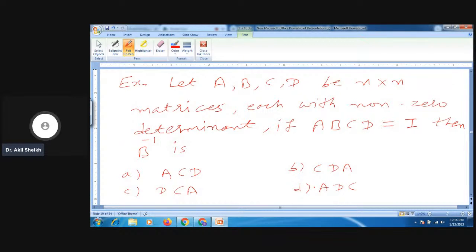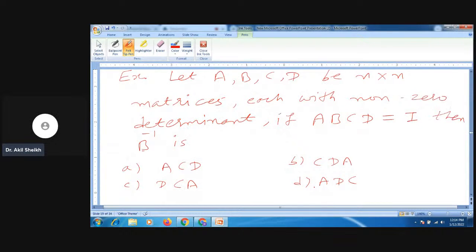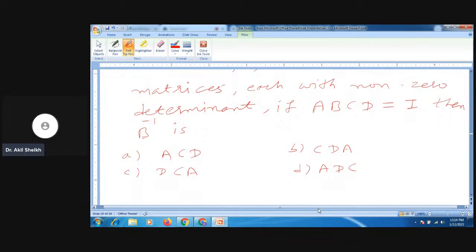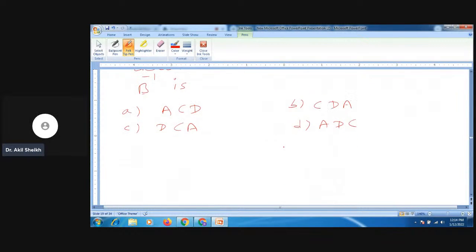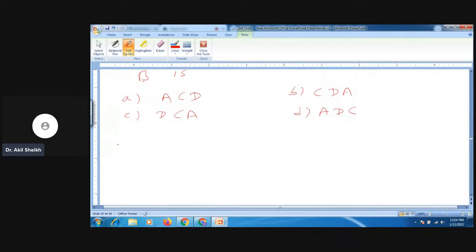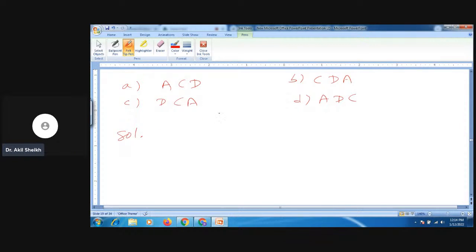Now just check the question. A, B, C, D are n by n square matrices, each with non-zero determinant, that is, the inverse of each matrix exists. So we have to find B inverse. We are given that ABCD equals I, that is, the identity matrix.